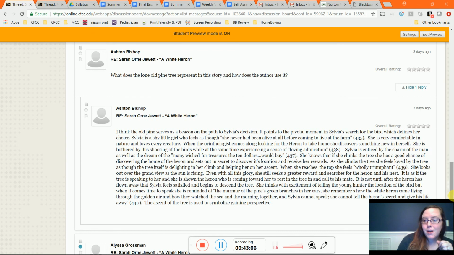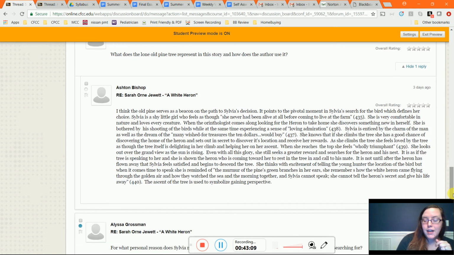Ashton, what does the lone old pine tree represent in the story, and how does the author use it? And you talk about it being a beacon, right? Like this culmination of the girl, Sylvia, coming to find an answer in a way that she's looking for and deciding what to do with that answer. You say she knows if she climbs the tree, she has a good chance of discovering the home of the heron.